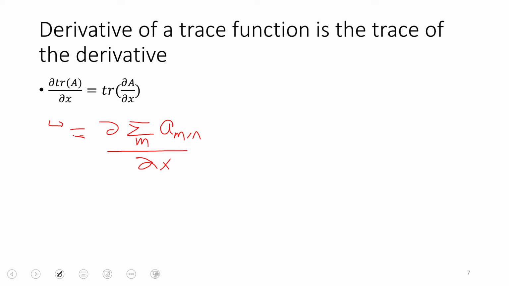So this is equal to the summation of partial A_mm with respect to x.